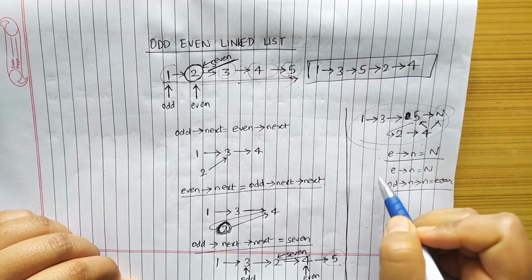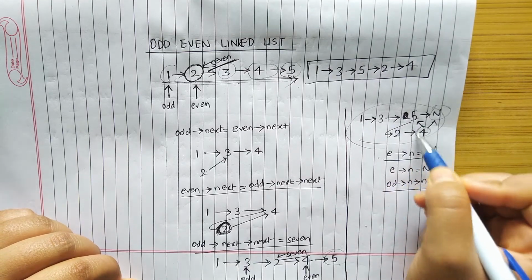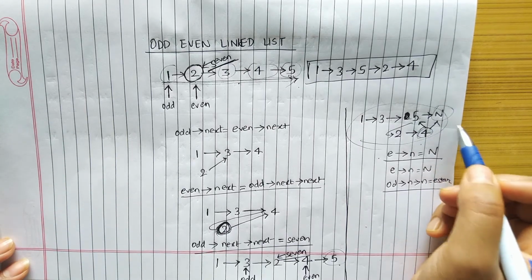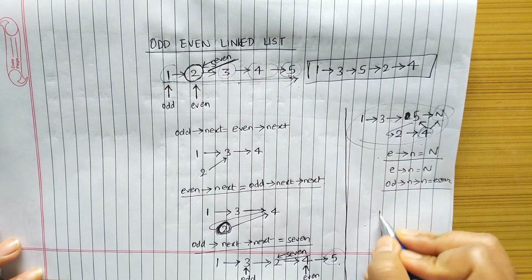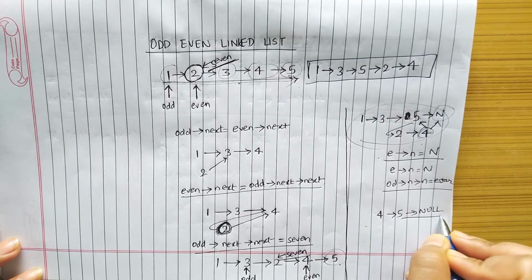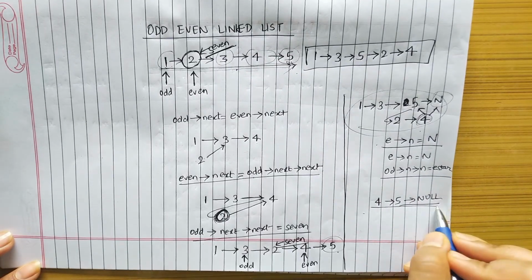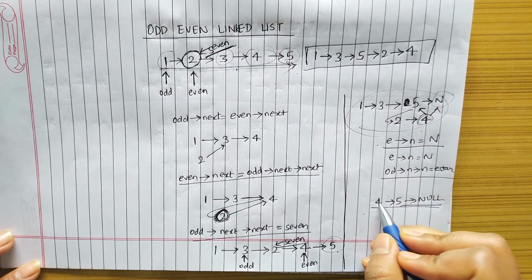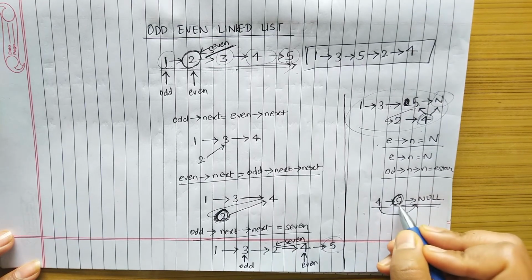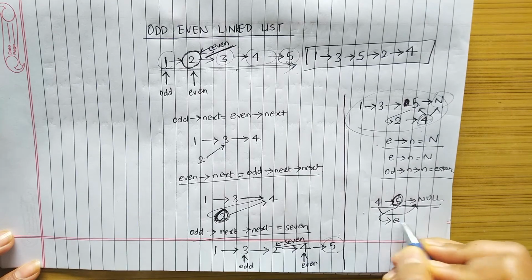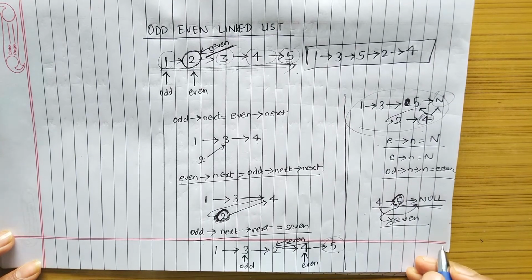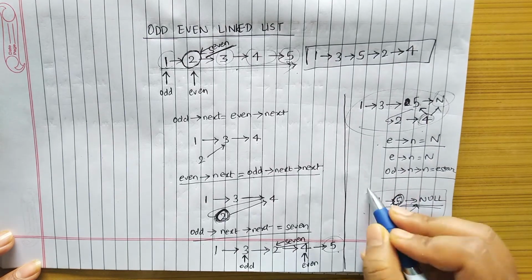So we put a condition wherever even's next of next is null. At that point we have 4, 5 and then null, with nothing after that. So in such cases we make even of next null, and we make odd connect to the start of the even list, as even start. We will add a condition for such cases.